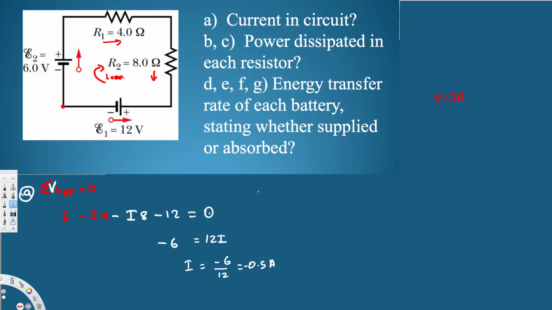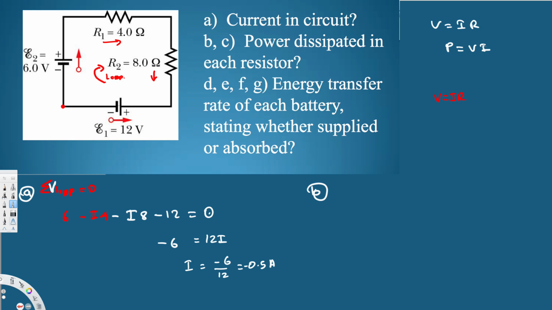Let's do the B part. The B and C parts are asking for the power dissipated in each resistor. To calculate this, we take this current and multiply by the resistor. We know that V is equal to IR. Here we are trying to find power. Power is P equals VI.